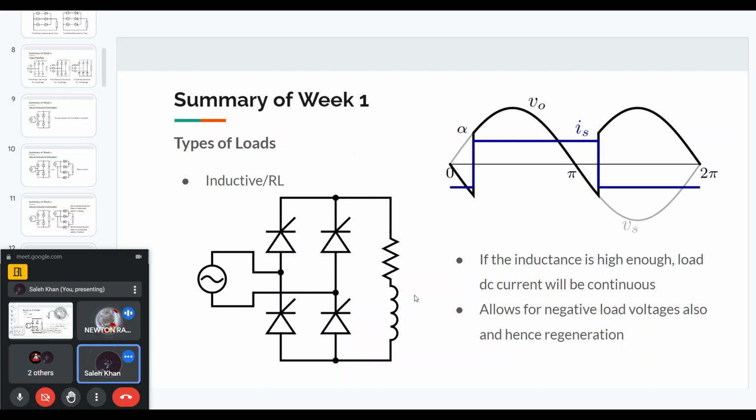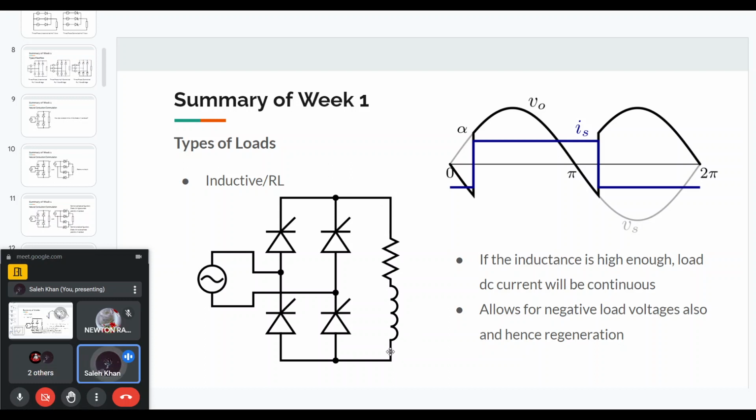Let me explain. I am talking about the DC output load. For this R and L load, the output voltage across this load will be the voltage between the top point and the bottom point. And the current will be from positive to negative. So that is the positive direction of the current. If a current is flowing from top to bottom, then we will say the current is positive. If the current is flowing from bottom to top, then the current will be negative.